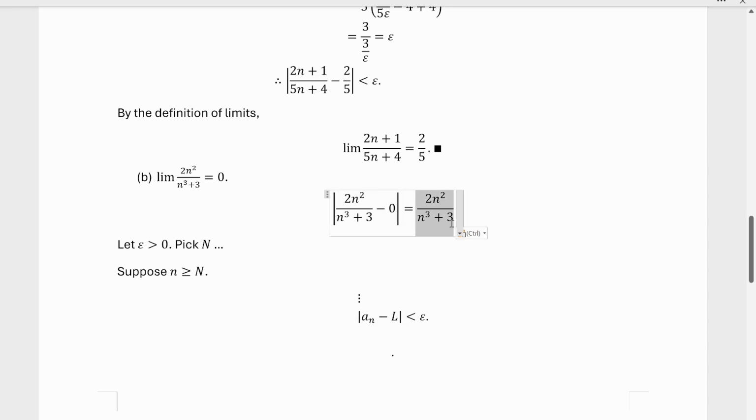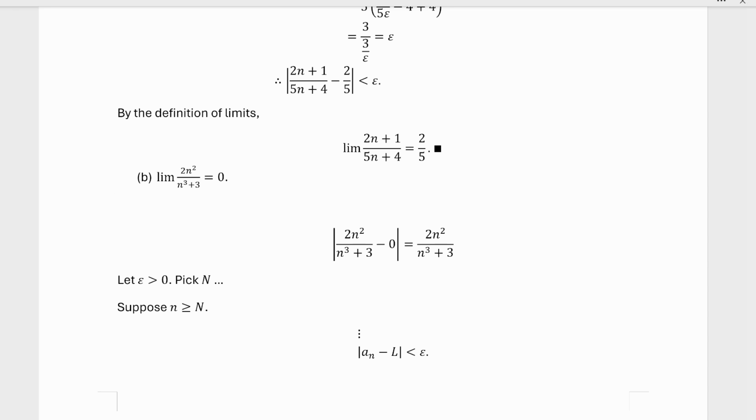That is, we want 2n squared divided by n cubed plus 3 to be less than epsilon. But directly solving this inequality is messy because of the cubic term. So instead, we consider deriving an upper bound for the distance. So we write in the beginning of our proof, we start by deriving an upper bound.